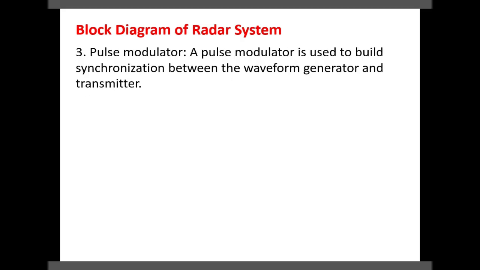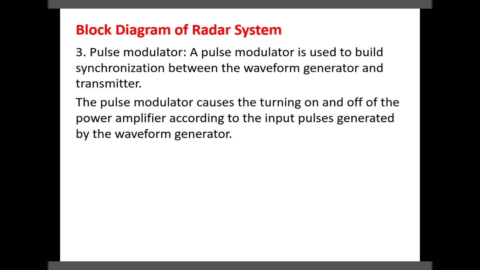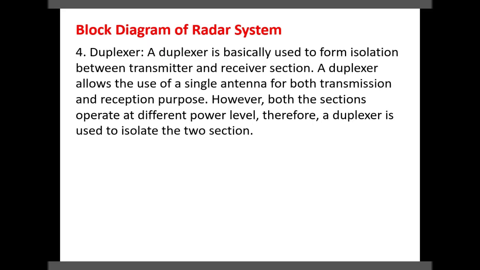Then the pulse modulator. A pulse modulator is used to build synchronization between the waveform generator and transmitter. The pulse modulator turns the power amplifier on and off according to the input pulses generated by the waveform generator.